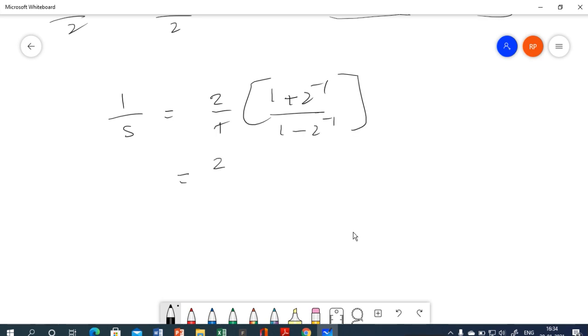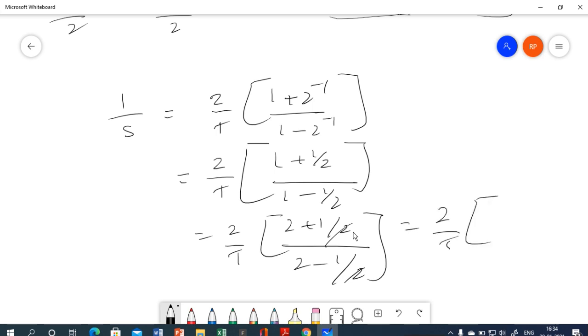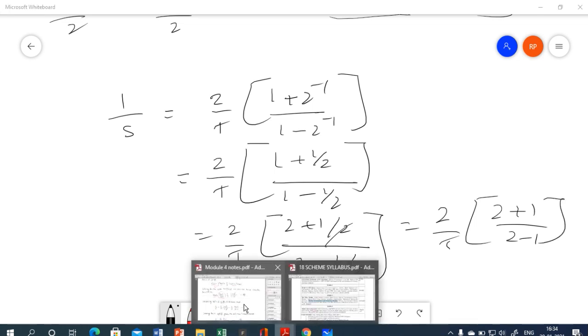This can be simplified as 2 by t in bracket 1 plus 1 by z divided by 1 minus 1 by z, both are the same. Here I take the LCM for these two. For the numerator it becomes z plus 1 by z divided by z minus 1 by z, so these two z will cancel. I will get 2 by t into the bracket of z plus 1 by z minus 1. The same thing is shown here.